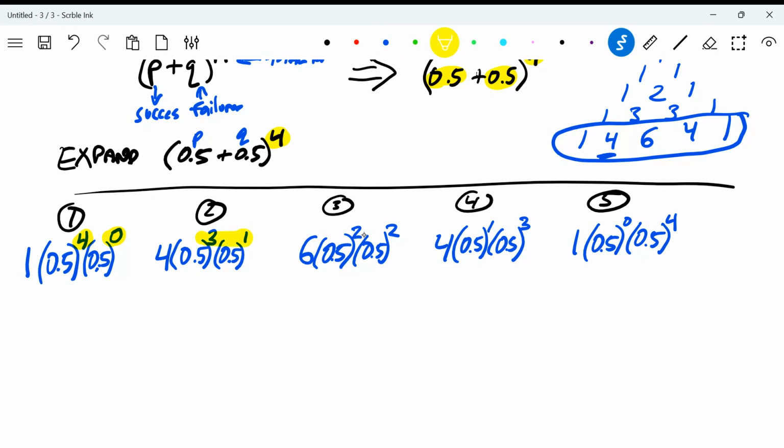So in each of these cases, these add up to 4. Every time they add up to 4.